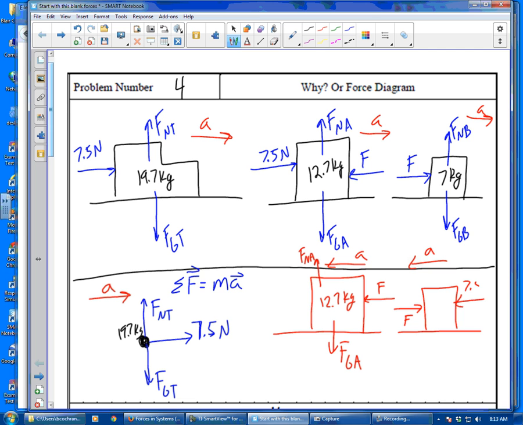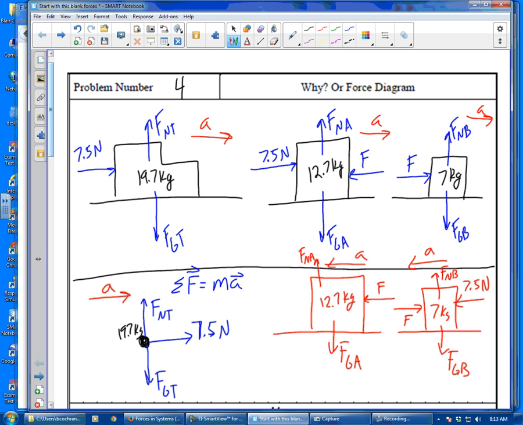It does affect F because now 7.5 newtons is pushing on the smaller crate, which is pushing on the larger crate.